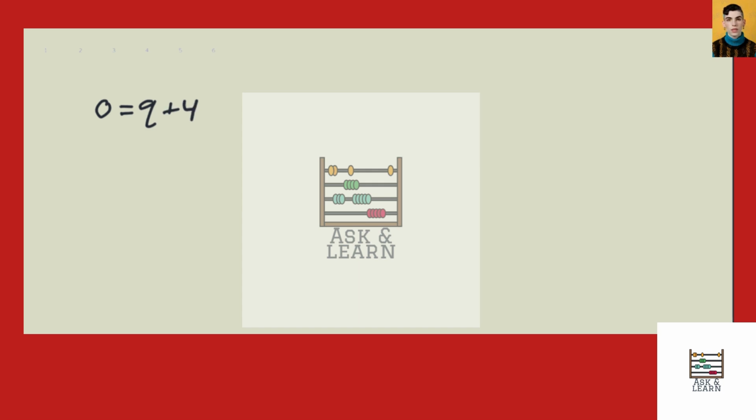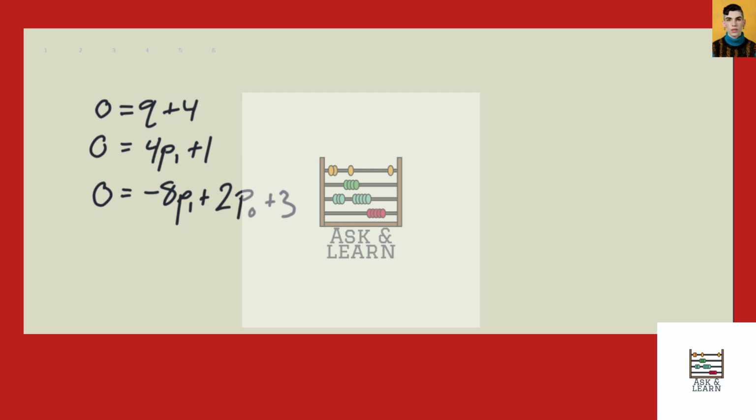We get 0 must be equal to q plus 4. 0 must be equal to 4 times p1 plus 1, and it is also equal to negative 8 p1 plus 2 times p naught plus 3.